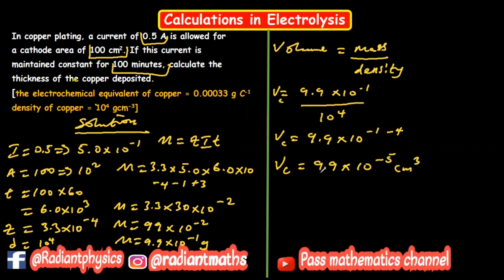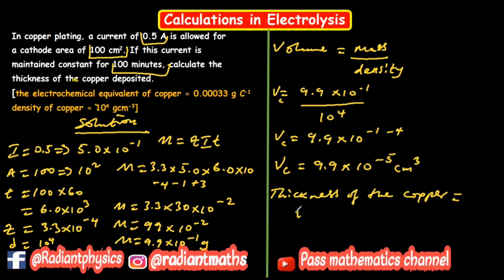centimeter cube. Now we can find the thickness of the copper. To find the thickness of the copper, we're going to apply this equation, which is the volume divided by the area.